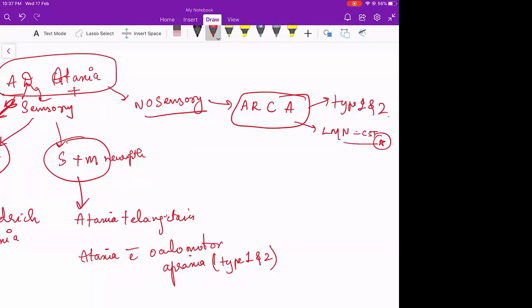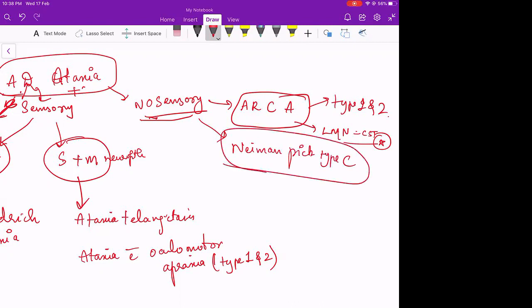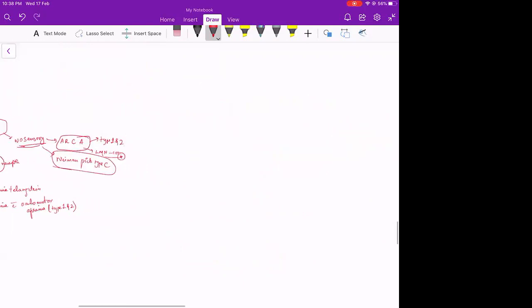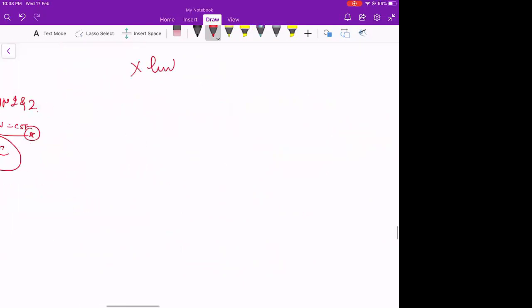Under this, even Niemann-Pick disease type C, these patients will have autosomal recessive ataxia with no sensory symptoms. X-linked ataxia: the important one which we have to remember is Fragile X ataxia syndrome.